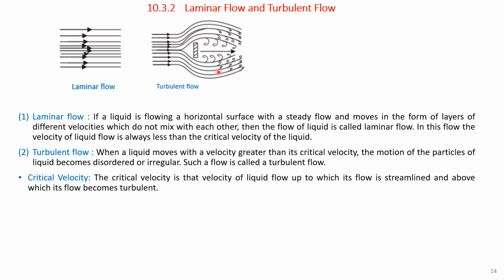We have mentioned the term critical velocity. The critical velocity is that velocity of a liquid flow up to which its flow is streamlined and above which its flow becomes turbulent. That is, up to the critical velocity it is laminar flow, and above that it is turbulent flow.